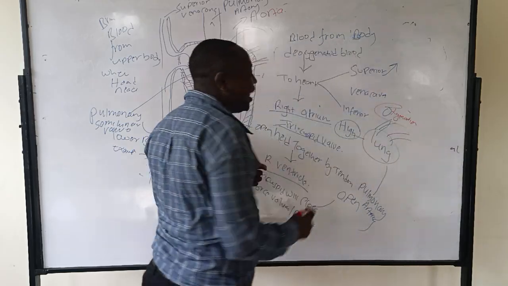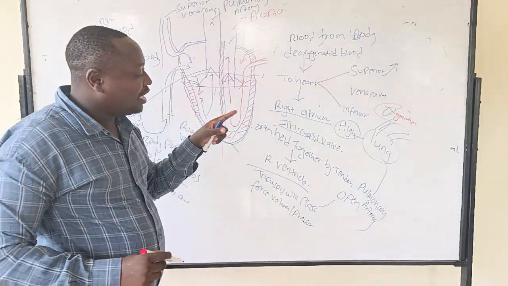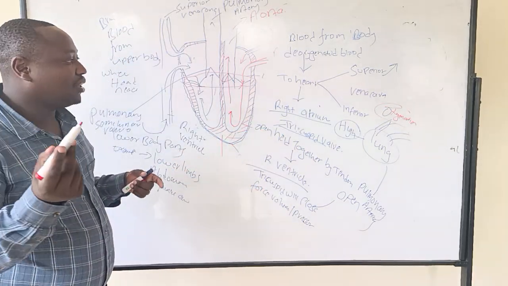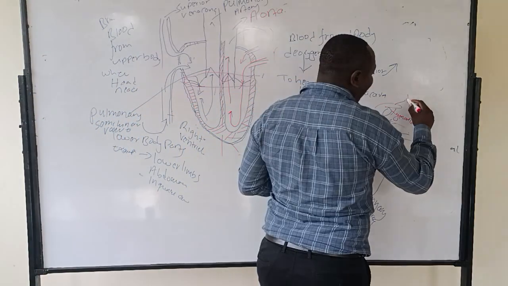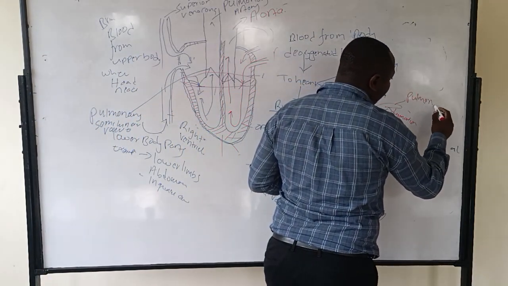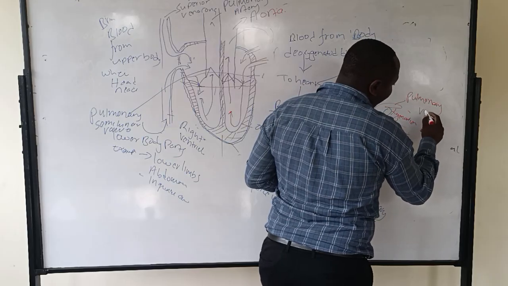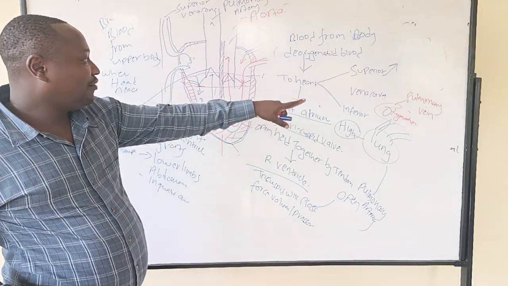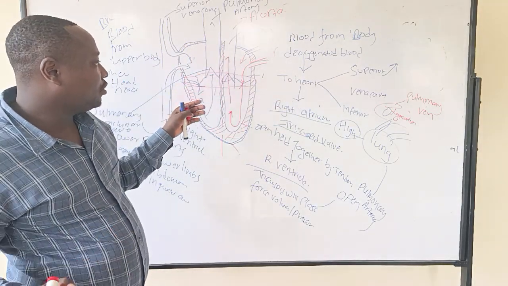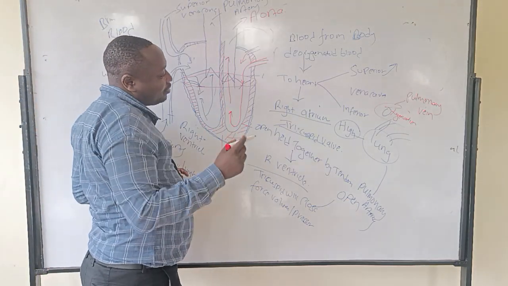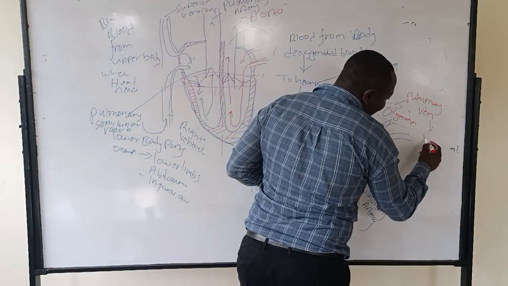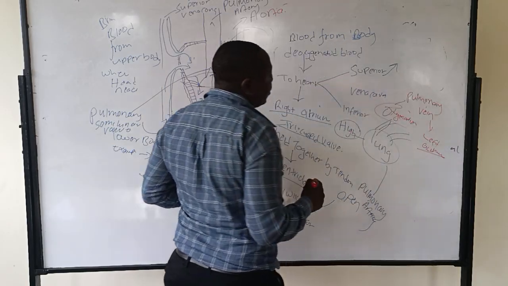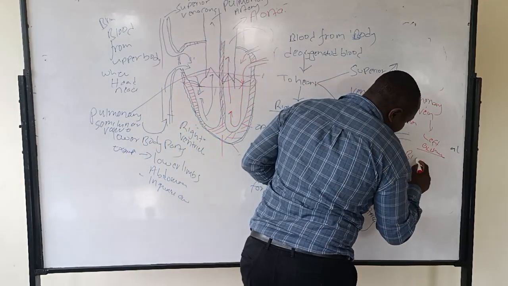process of the blood. Once the blood is oxygenated in the lung, it's going to flow back to the heart using the pulmonary vein. So when the blood gets to the pulmonary vein from both lungs, the blood will be held together at the left atrium by the bicuspid valve.